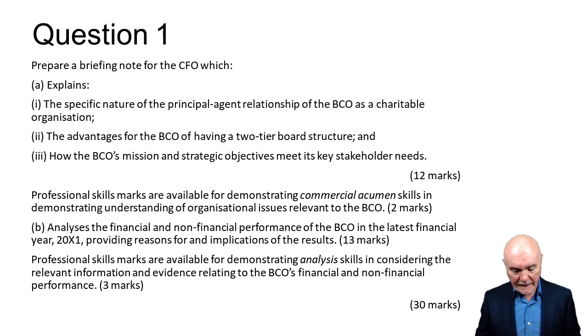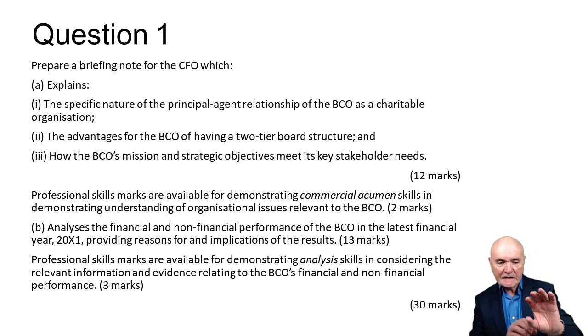And there should be transparency as well, as suggested in the model answer here. Two-tier system encourages transparency within the charity between the two board levels and what they're doing and who they represent.